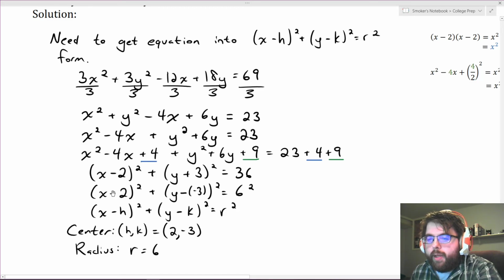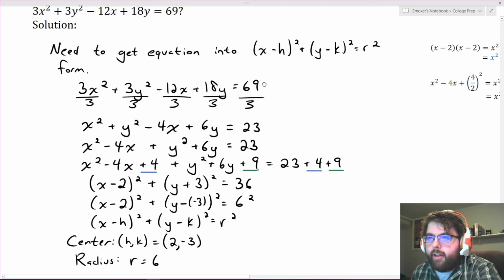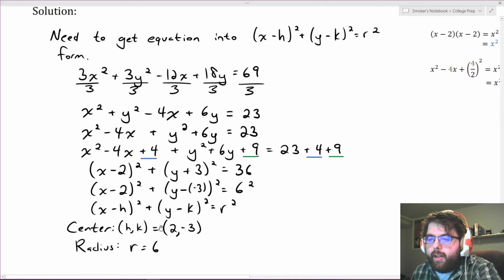So my center will be positive 2, and because this is a plus, negative 3. You can see what's going on there. Okay, the one last thing you want to do is, well, what is r if r squared is 36? Well, 6 squared is 36. So the radius is 6. So the answer to this question, what is the center and the radius, is 2, negative 3, and 6.